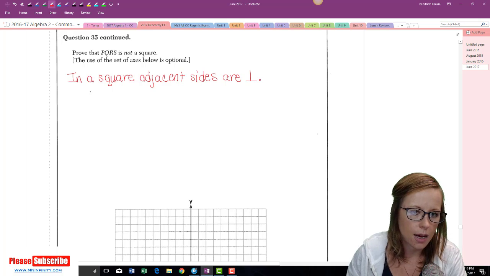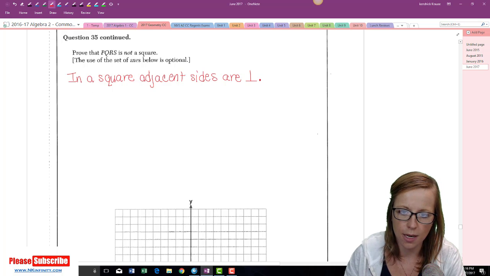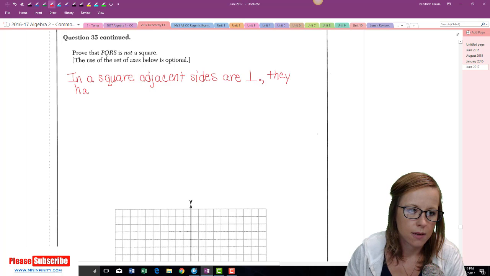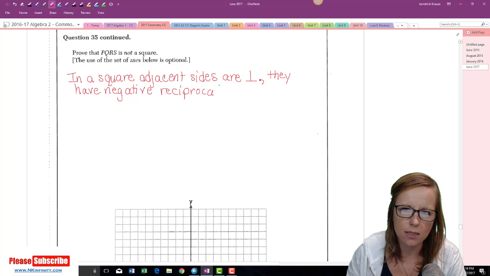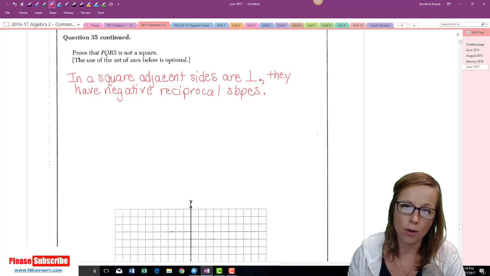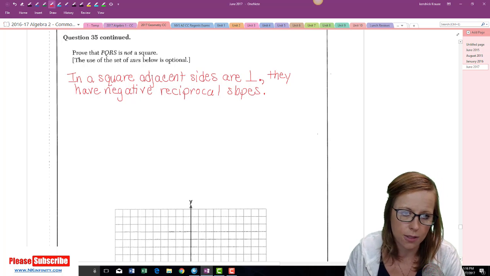So, I'm going to write, they have negative reciprocal slopes. That's the fact that I know in my brain. So I'm going to say it out loud. Does that make sense to you? So now I have to do that with math. I'm actually showing that they don't have negative reciprocal slopes.